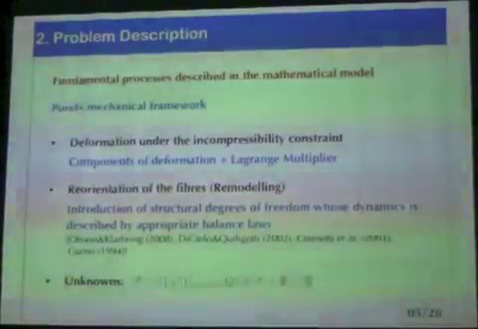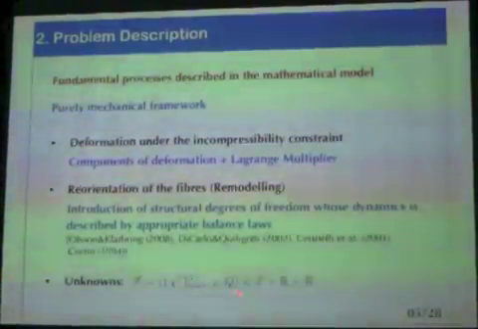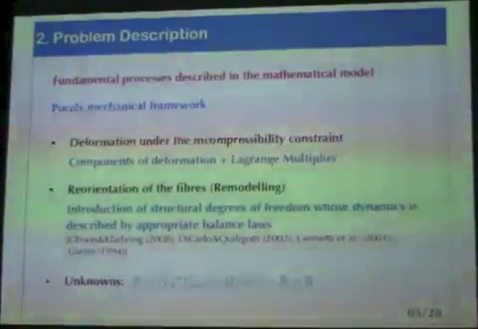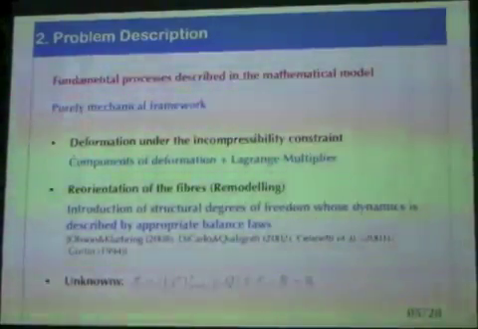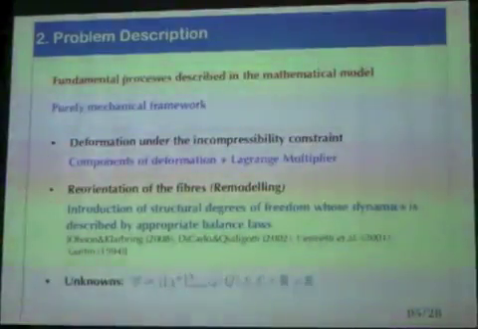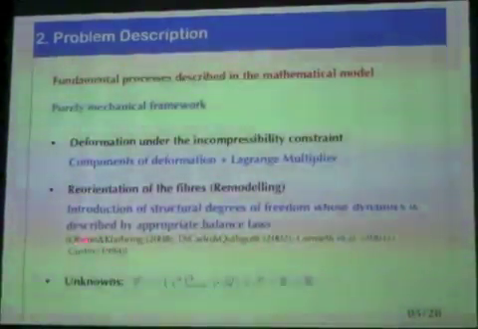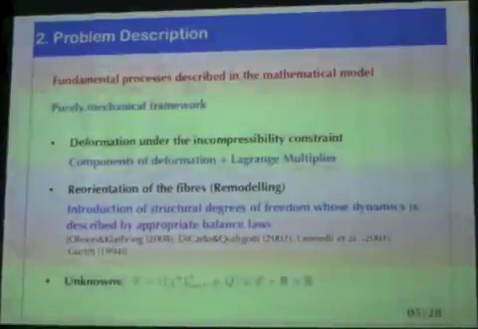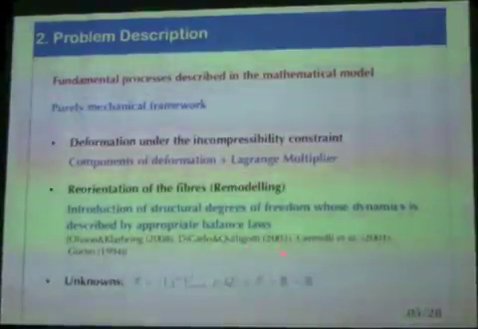For us, the remodeling variable, which is in this case the mean angle Q of the probability density distribution, is not an internal variable but an additional degree of freedom, so we have an extended kinematics, and we will need an appropriate balance law. These ideas, in the case of remodeling, were published by Olson and Cladrinh in 2008, but the idea about growth mechanics was published by Di Carlo and Quiligotti in 2002.